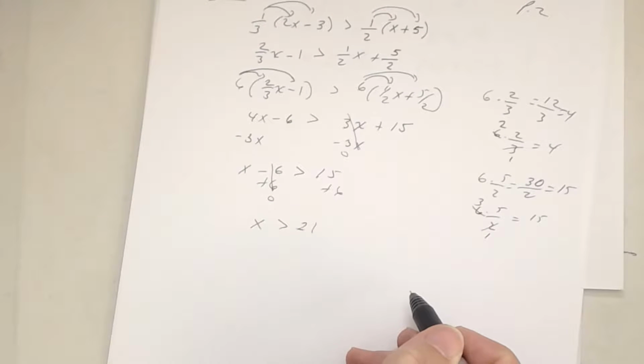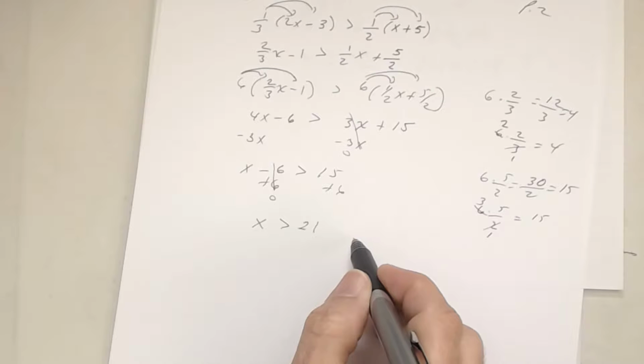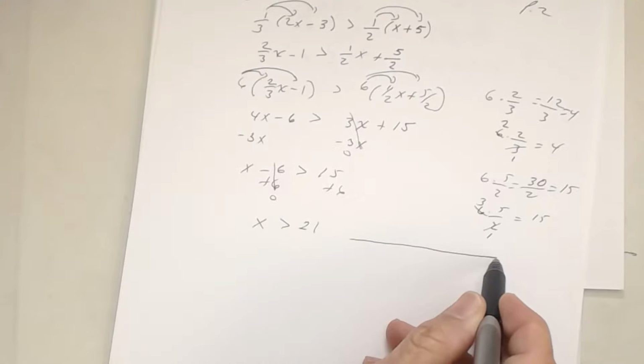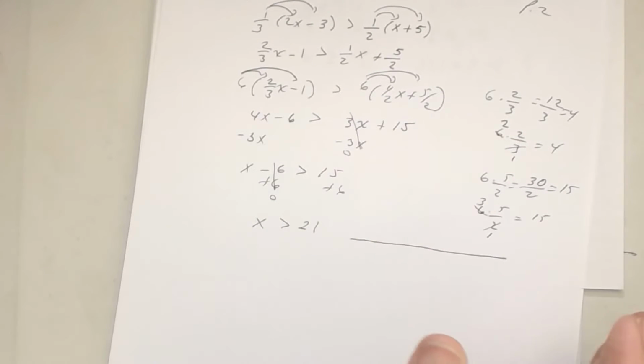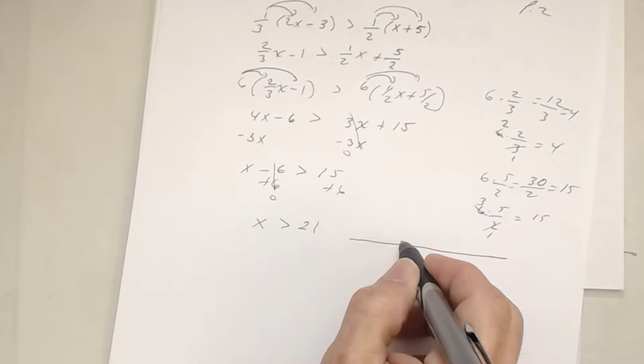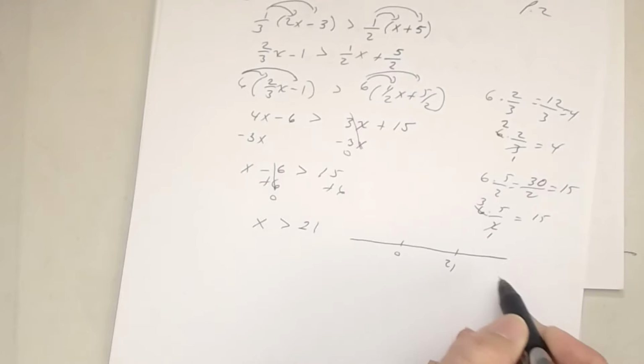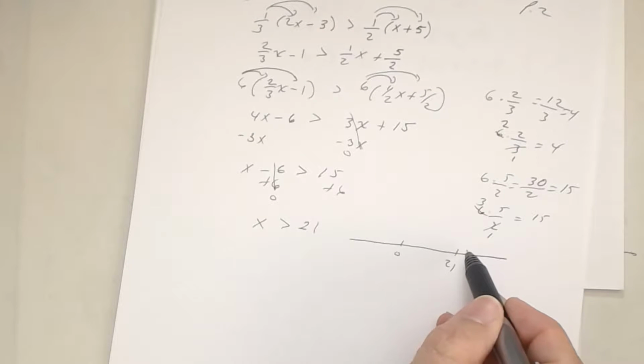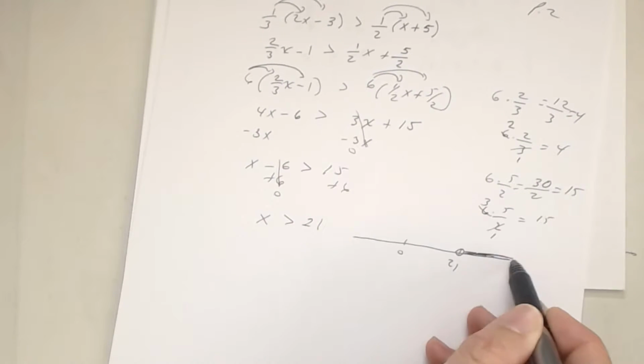All right? And so on the number line, now on one of the worksheets, you may have had to extend the number line. Okay. So if this is 0 and this is 21, what would you have on 21? Open circle, meaning that 21 is or is not a solution? It's not. And you want all the real numbers that are greater than that to the right.